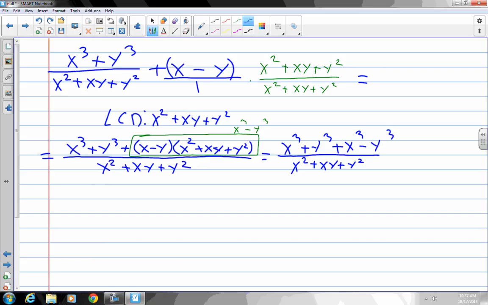So the y's cancel, and you end up with 2x cubed over x squared plus xy plus y squared. I didn't get x squared minus y squared.